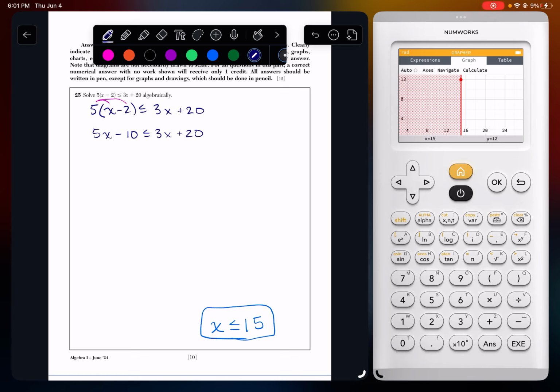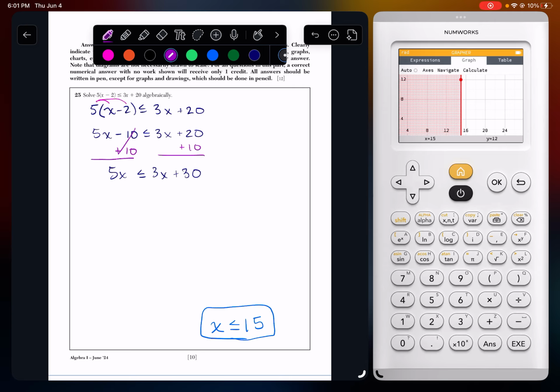It doesn't matter which one is which as long as I am consistent. So if I want to collect my constants on the right, then I'm going to add 10. Adding 10 cancels out my negative 10, so I am left with 5x is less than or equal to 3x plus 30. So now all my constants are on the right side.